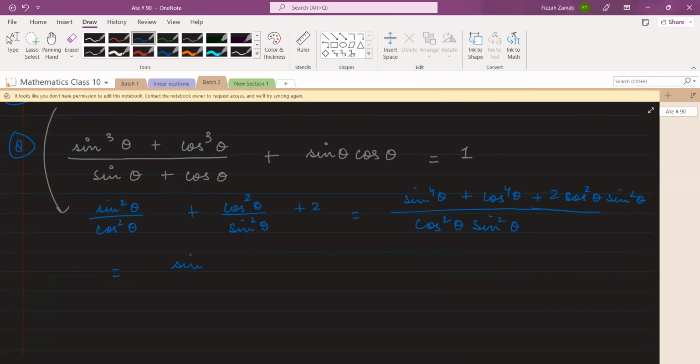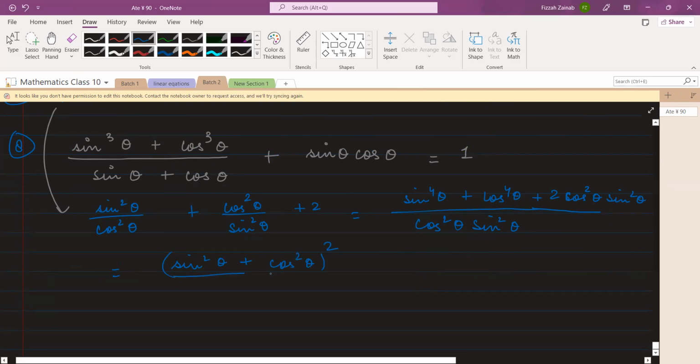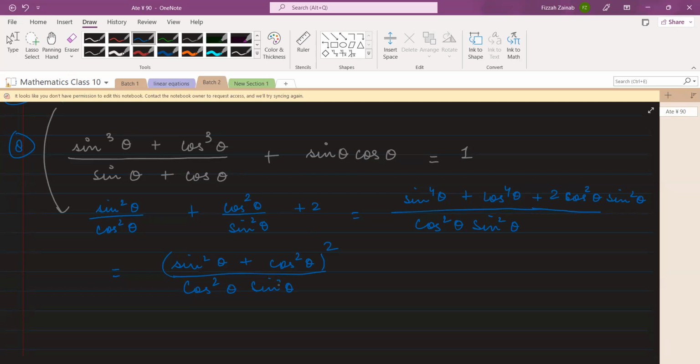So this can be written as sine square theta plus cos square theta whole square. Can you see that? Oh, sorry, I missed which one I'm doing.